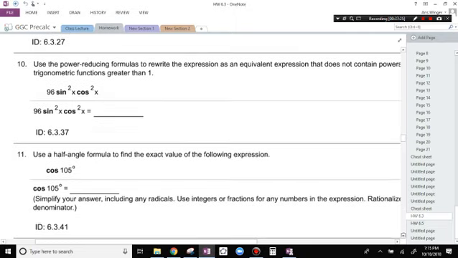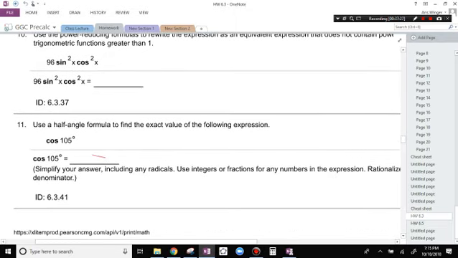105, half an angle. 105 is half of 210. The cosine of 105 is equal to the cosine of 210 over 2.